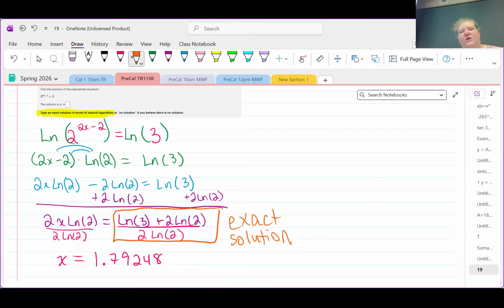Now, if we had done it with log base 10 instead of natural log, our decimal answer would be the same, but in our fraction answer we'd have logs instead of ln's everywhere. And then WebWork isn't translating between those two easily. So that's why it's saying specifically to use natural logs. It's just WebWork being weird.